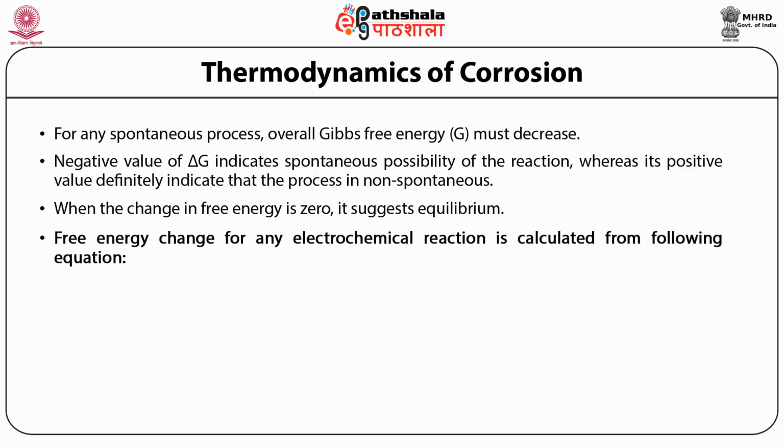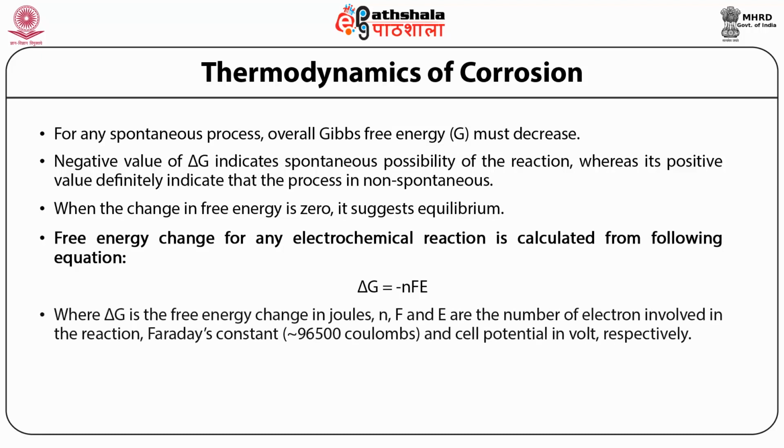The free energy change for any electrochemical reaction is calculated from the following equation, that is, delta G is equal to minus N multiplied by F multiplied by E, where delta G is the free energy change in joules, and N, F, and E are the number of electrons involved in the reaction, Faraday's constant, and cell potential in volts respectively.